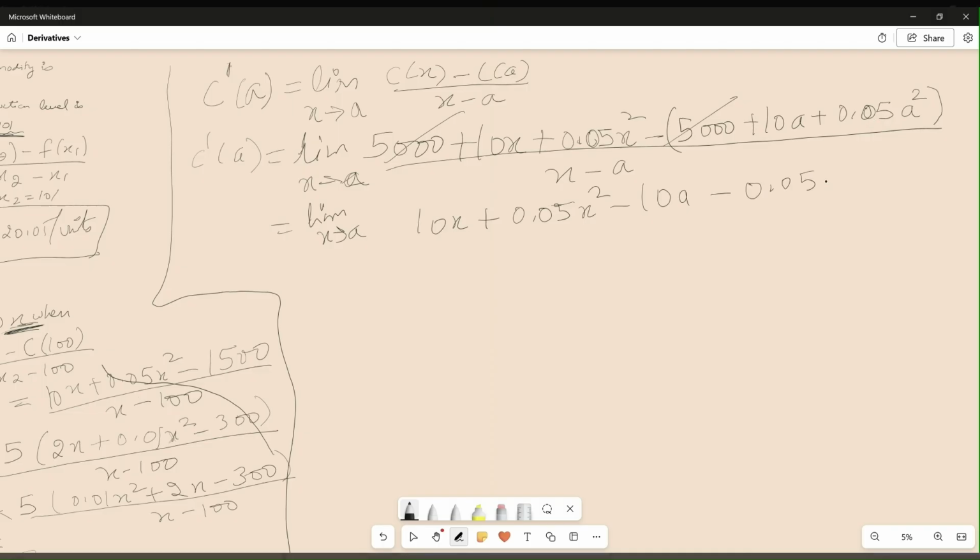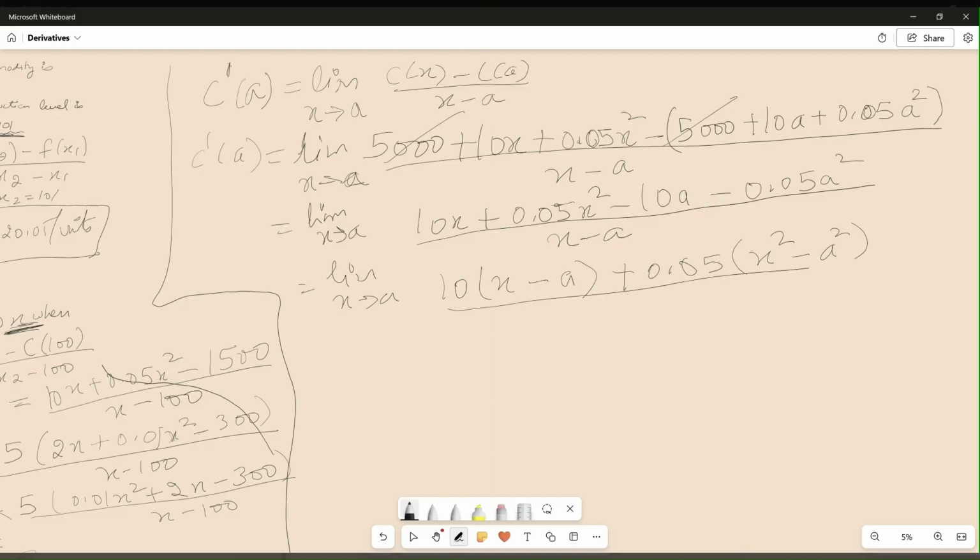Okay, we can simplify this, right? Taking 10 common, what we are left with is x minus a. And taking 0.05 common, we are left with x squared minus a squared, divided by x minus a.